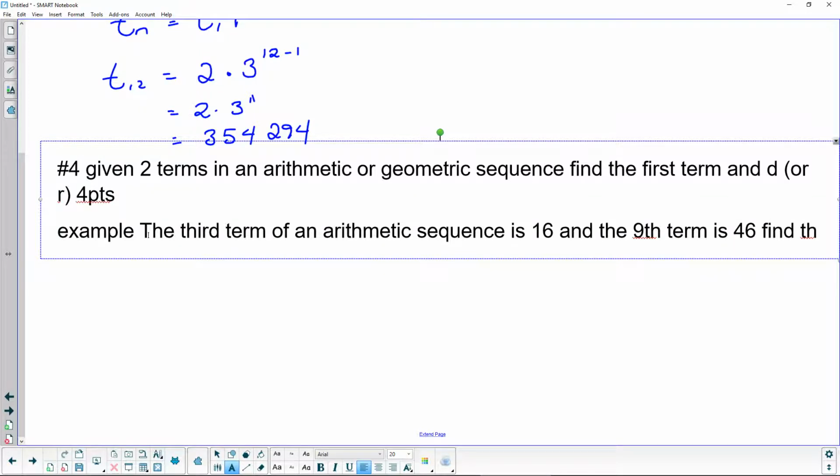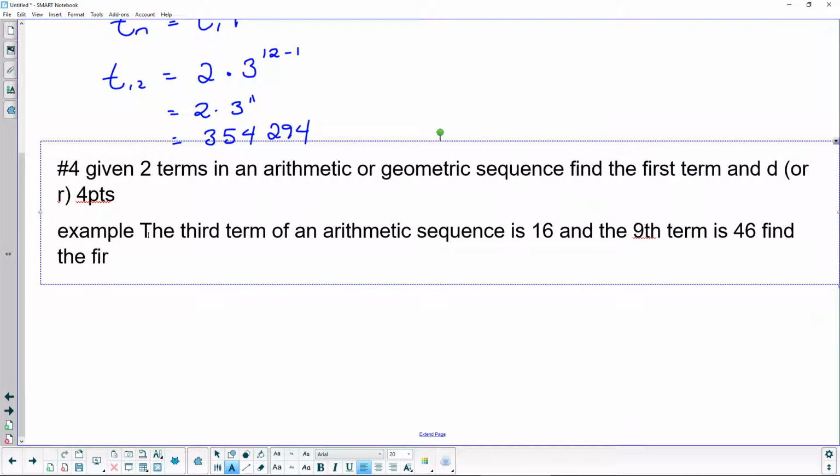Find the first term and common difference. So when you're doing this, this is that simultaneous equation solving type example.